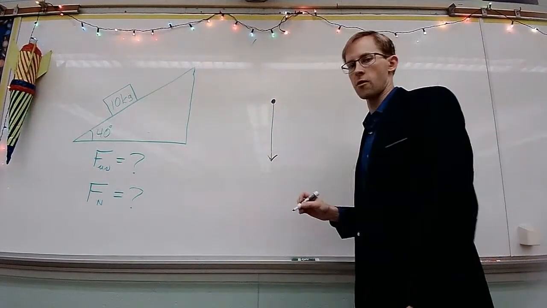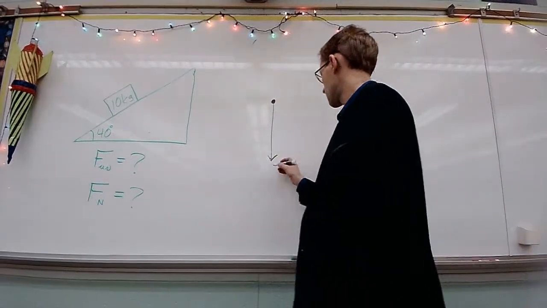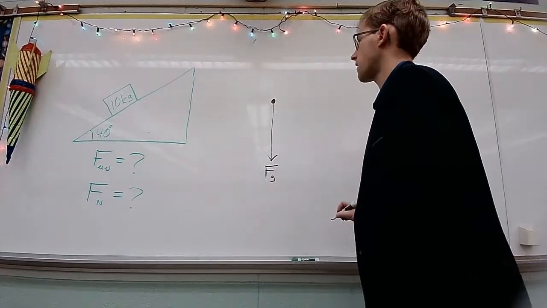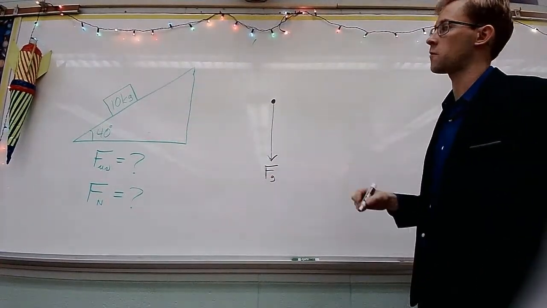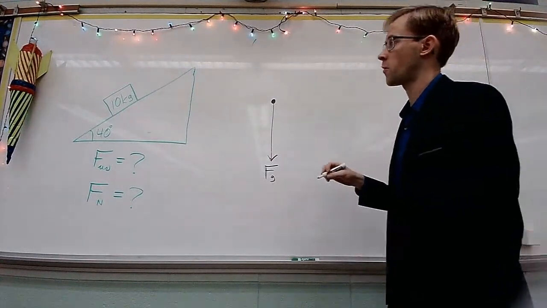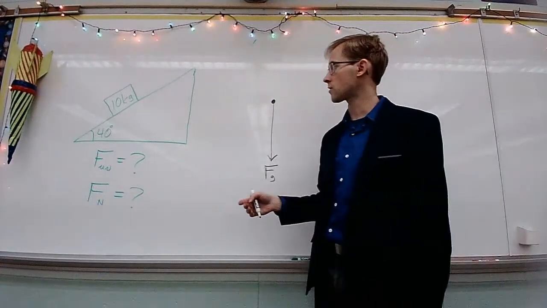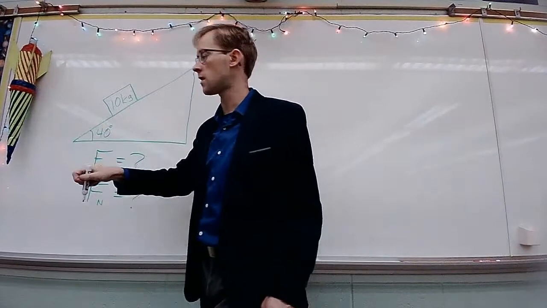Once again, force of gravity comes first here. The reason for that is because it's always there. Always want to start with force of gravity. Next, we've got a normal force. That normal force always is going to act perpendicular to your surface. So it's on this incline.